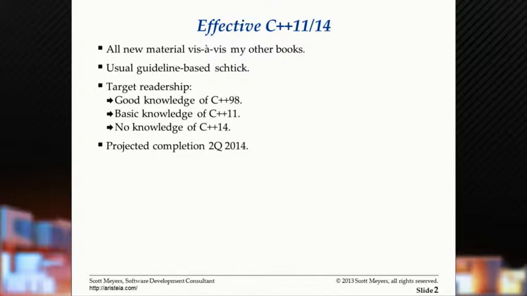And I'm going to cover information from C++14 when I consider it appropriate, but I'm not going to assume any background in C++14 on the part of the readership. It's going to be the usual guideline-based approach that I tried to do in the past, trying to show people things that either you should do or you should not do in order to be able to use the language effectively. And right now it's looking like it'll be finished sometime second quarter of next year, for some definition of finished.